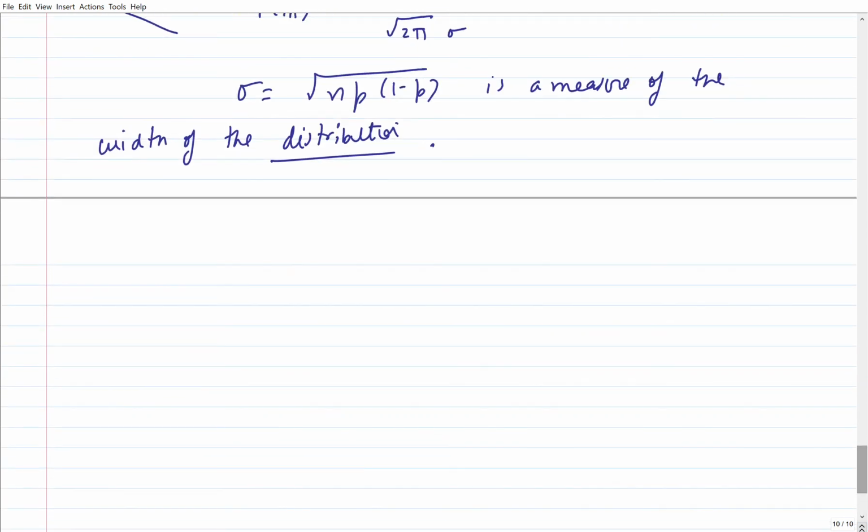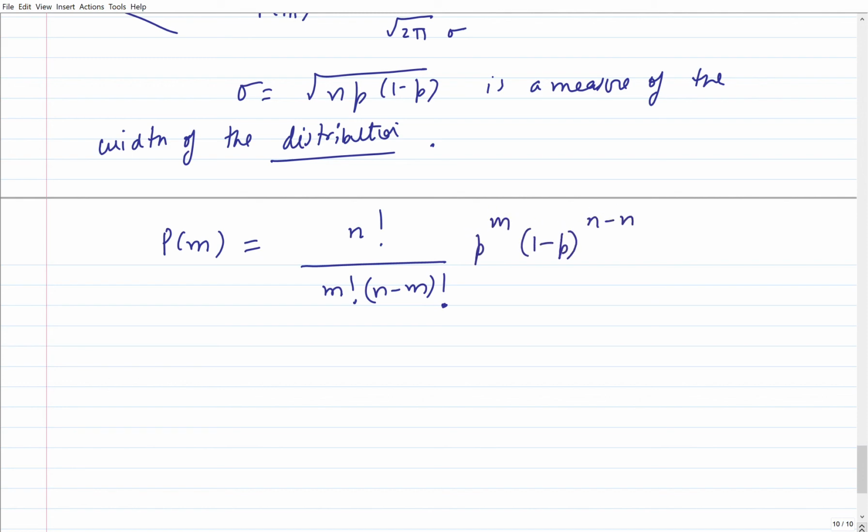So the second limit of the binomial expansion, I'll just write down again, the binomial distribution for m: P to the power of m, 1 minus p to the power of n minus m.